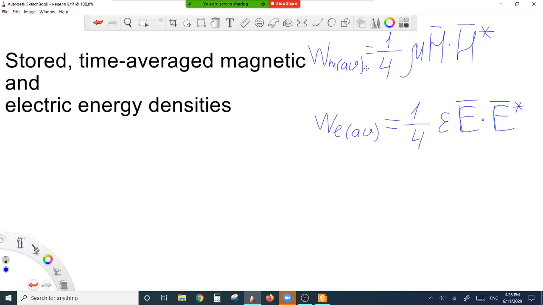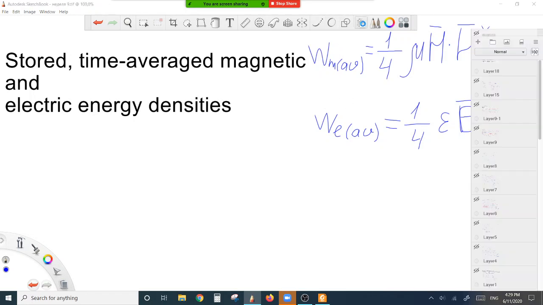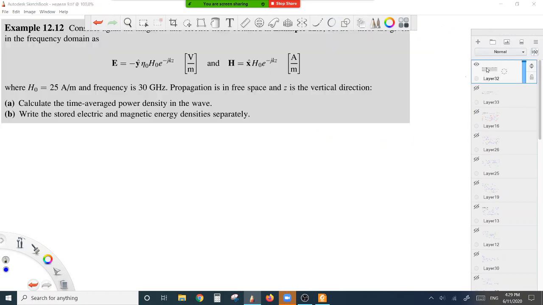First, stored time averaged magnetic energy density, and the second is stored time averaged electric energy density. Okay, first of all, calculate time averaged power density in the wave, and second, calculate stored electric and magnetic energy densities separately.